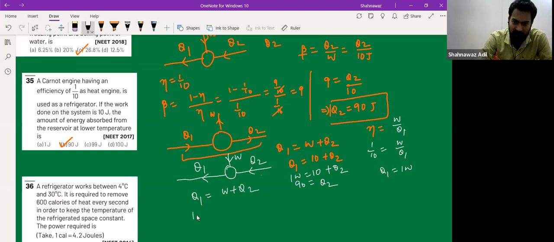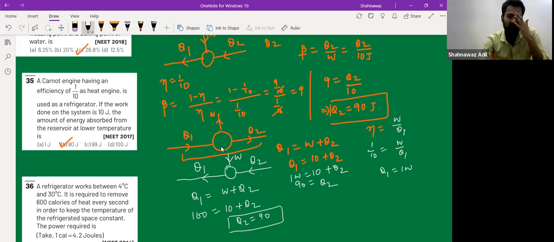Q1 is 100 and W is 10, so Q2 would be 90. So you can either use this descriptive method or you can use the direct beta and eta relation. Any doubt, guys?